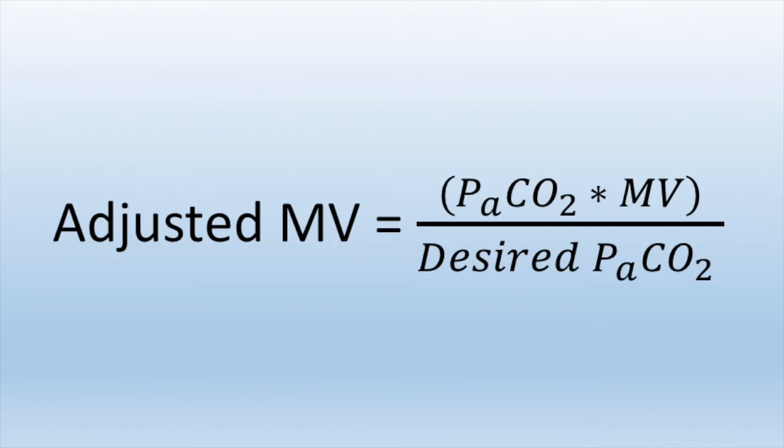For example, let's take a patient who is being ventilated at 10 times a minute with a tidal volume of 350. That gives us a minute volume of 3.5 liters. After being on the ventilator for 15 to 20 minutes, an arterial blood gas is drawn, and the PaCO2 value is returned as 52. Our desired PaCO2 for this patient is 40 millimeters of mercury.